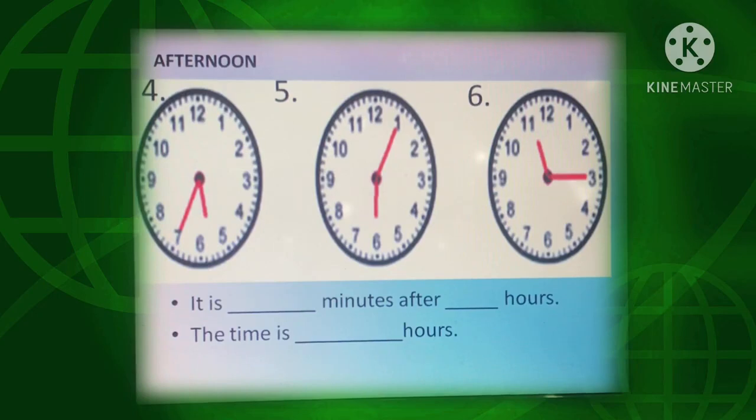So what's the answer for number 4, number 5, and number 6? Write it on your paper. Again, observe properly the numbers pointing in between, and the minute hand.